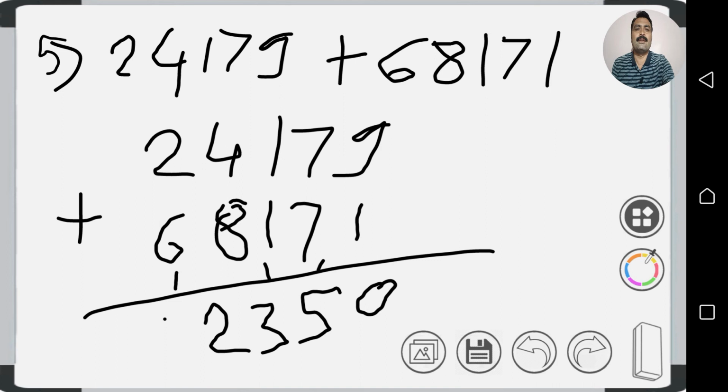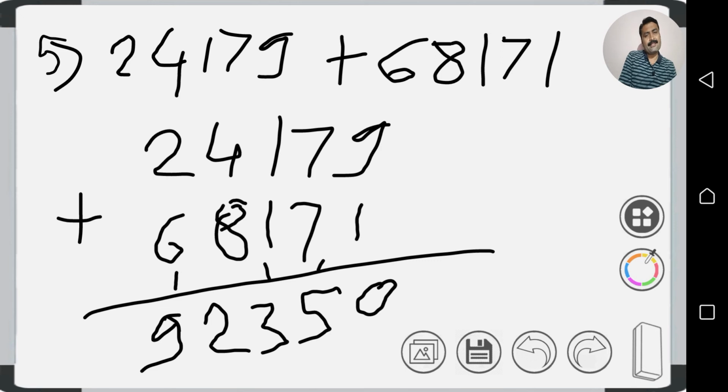So this is our last addition, so we write number 9 as it is. So after taking the last addition, the answer that we get is 92,350.